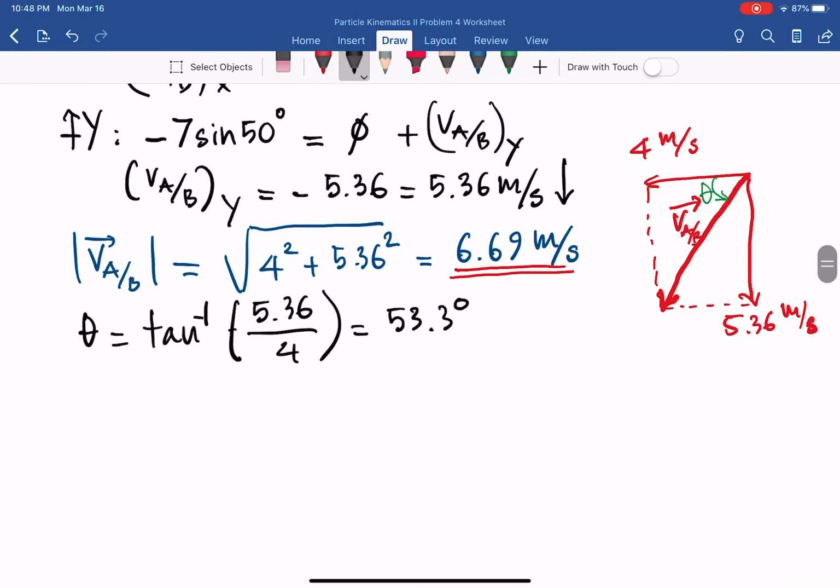So from that we have the direction of this relative velocity. So what is your answer?